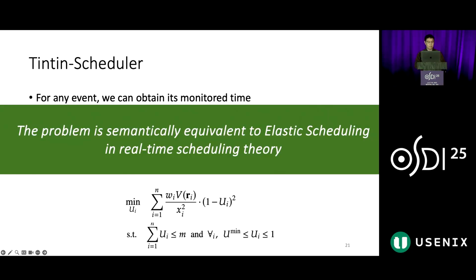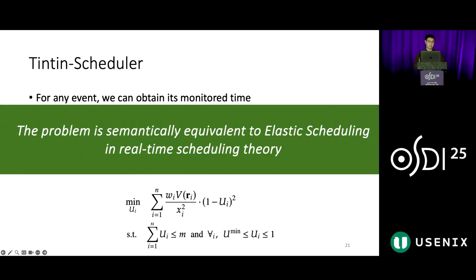It is interesting, we found that this problem can be translated to a semantically equivalent classic problem in real-time theory. It's called elastic scheduling. This is great because we can borrow the existing solution to solve this problem online in a very efficient way, and also we can prove the optimality of our solution.